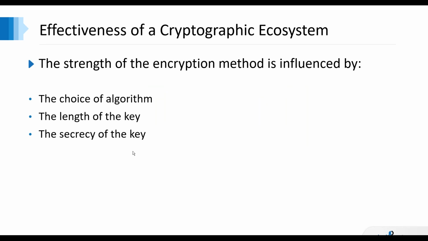All right, so of course there has to be a conversation about the effectiveness of this cryptographic ecosystem. And the strength of your encryption method is going to be influenced by a number of things. Truly, it comes down to three factors. And the first one is your choice of algorithms.